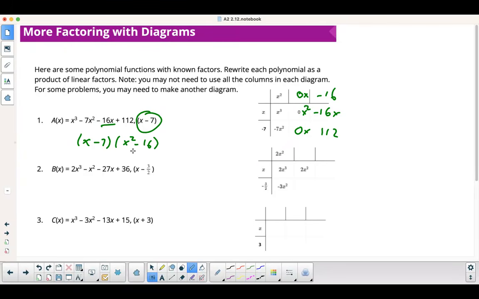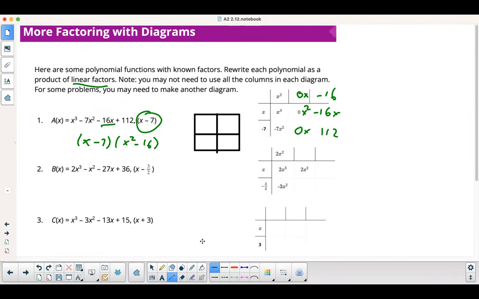Now this is not linear though, okay? We need to make sure that it's a linear factor. So I'm going to have to do another box here. I'm going to maybe put my box right here. Let's see if I can figure this out. So I know the x squared goes here, -16 there. That's got to be x and x. So it's really x squared plus 0x minus 16.